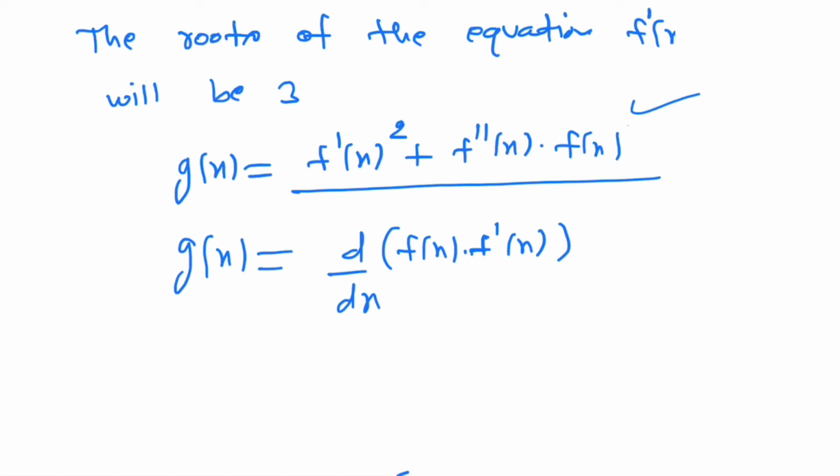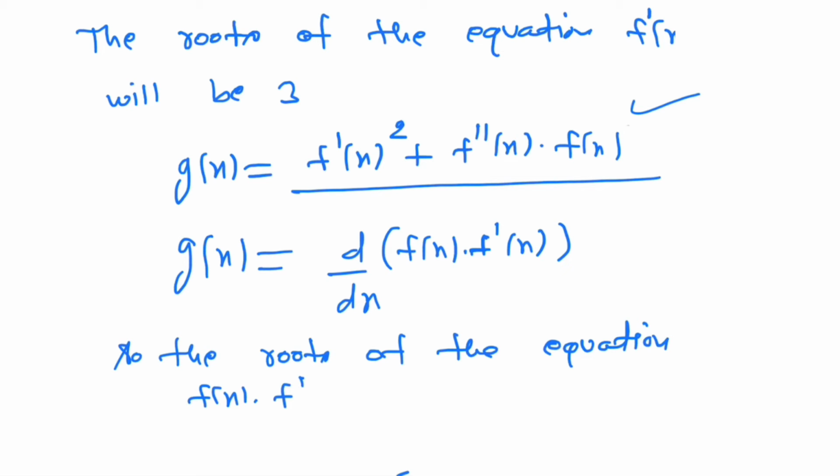Now you can see the number of roots of f(x) equals 0 are at least 4, and the number of roots of the equation f'(x) equals 0 are at least 3. So the number of roots of the equation f(x) into f'(x) equals 0 are at least 7.